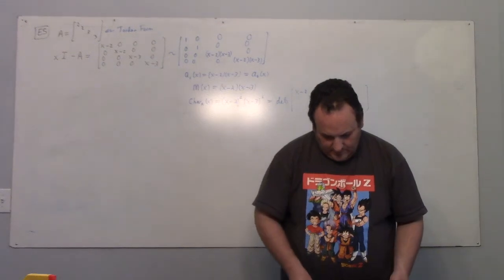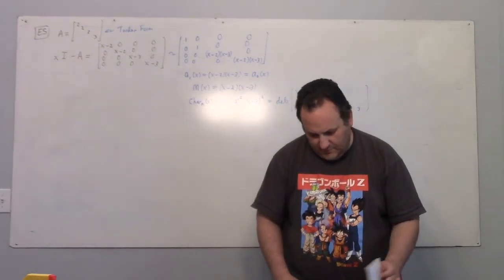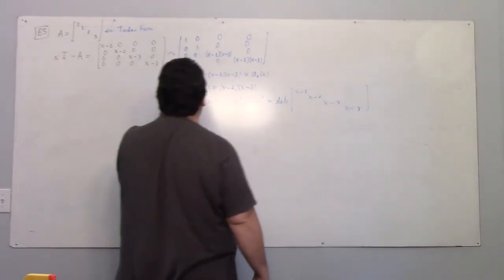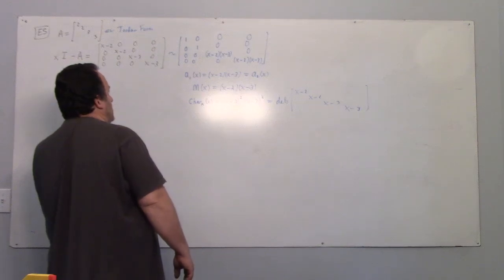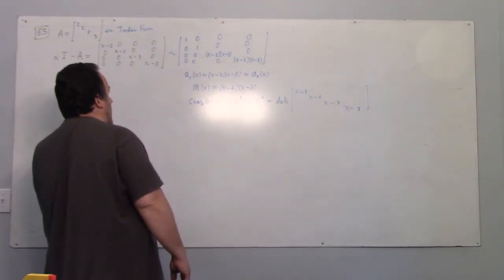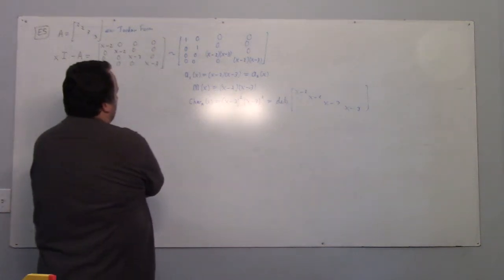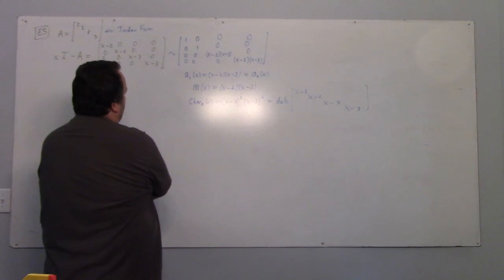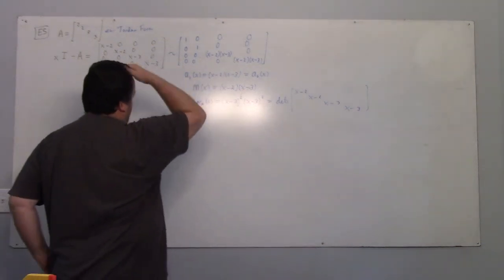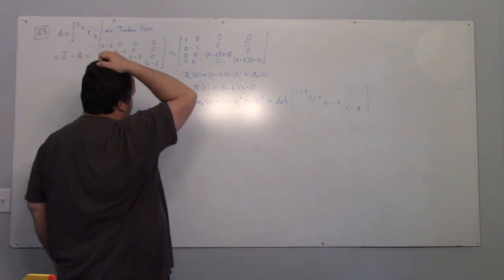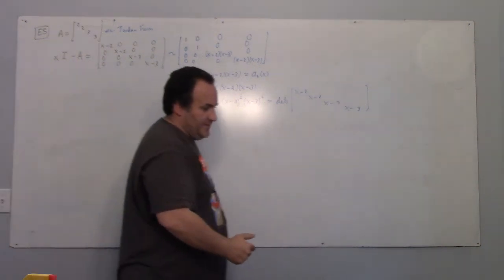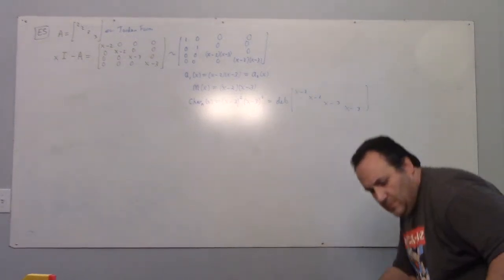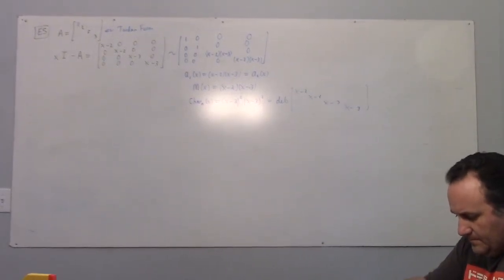I think, if I read this correctly, I know I'm right about those being the invariant factors, but I'm not sure. I'm trying to decipher it from here.